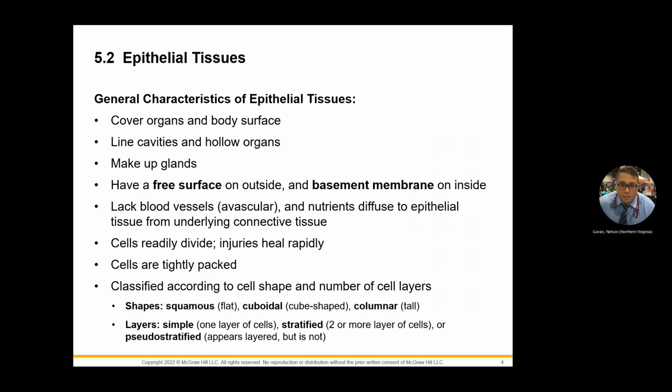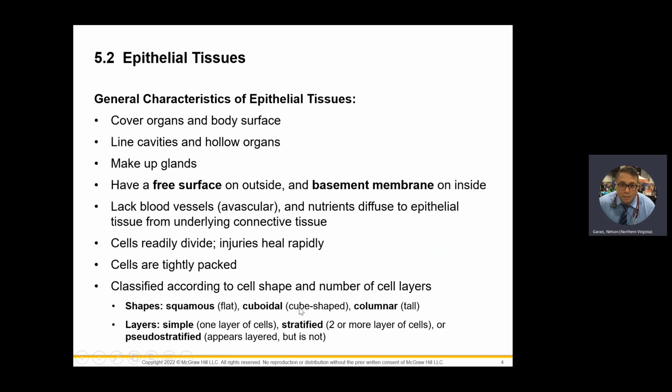Now, the shapes, that's important. The flat one is, of course, squamous. That's the one where, think shingles on your roof. Cuboidal, cube shape, remember the glands, right? And columnar, that's the tall ones.